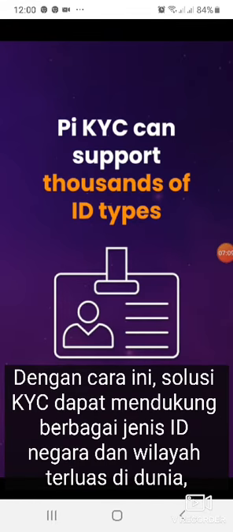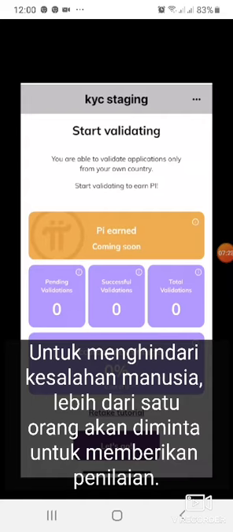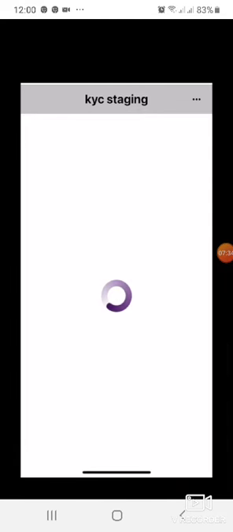This way, the KYC solution can support the widest variety of countries and regions, ID types in the world, making Pi as accessible as possible. To avoid human errors, more than one person will be asked to provide an assessment.